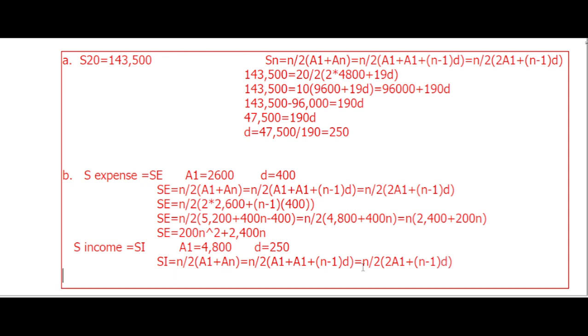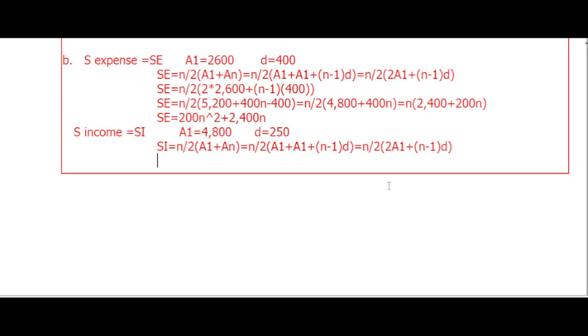So here is SI, which is equal to n over 2 into 2 times A1, which will be 4,800, plus n minus 1 times 250.